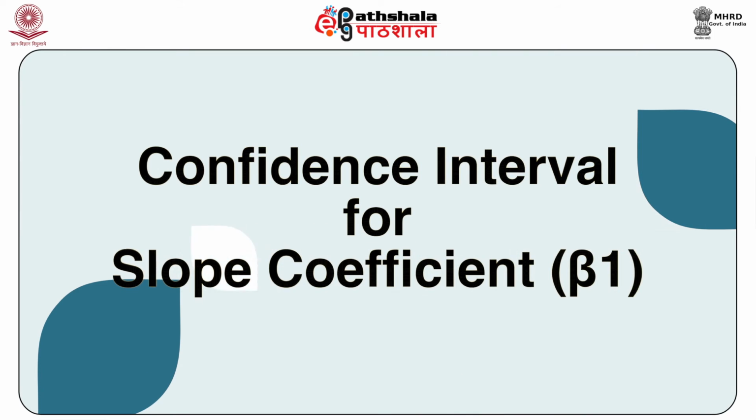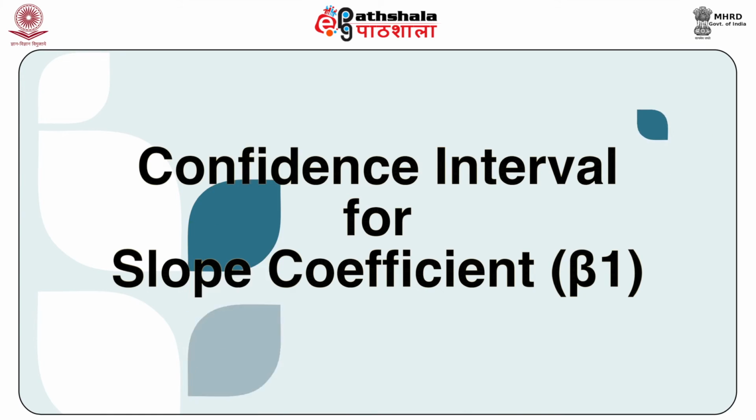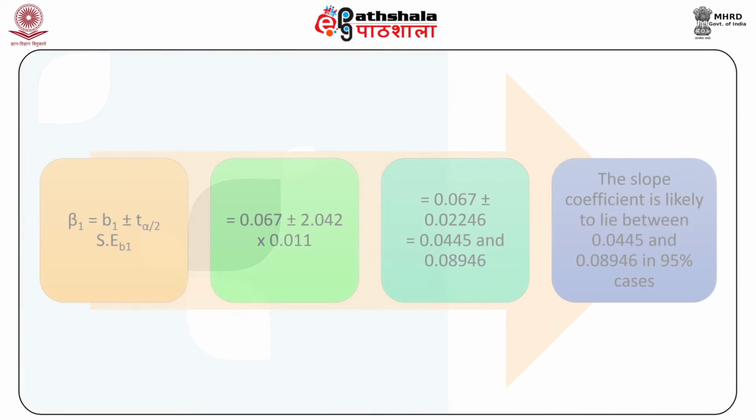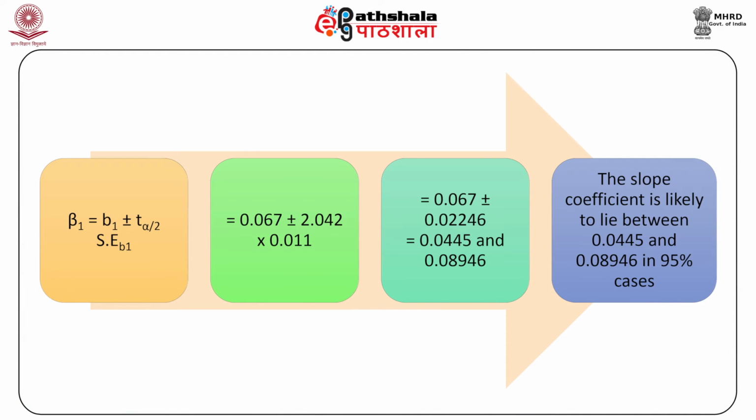Confidence interval for slope coefficient beta 1. Similarly, the confidence interval for beta 1 is mathematically stated as beta 1 equal to b1 plus minus t alpha by 2 SE b1.